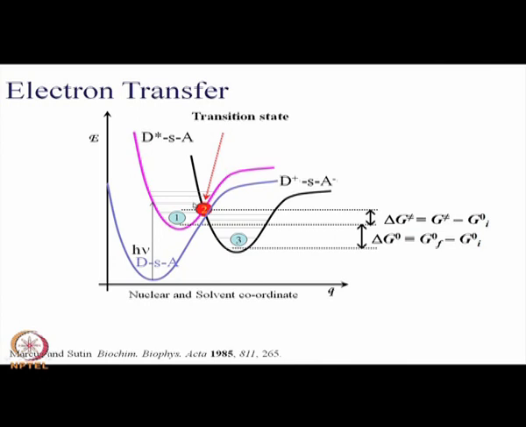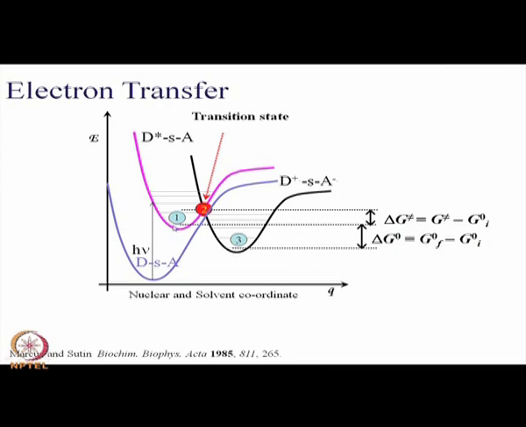and you have got this charge separated state as D plus dot S A minus dot, and these are the respective numbers over here, that is delta G double dagger and delta G 0. This is your nuclear and solvent coordinate.